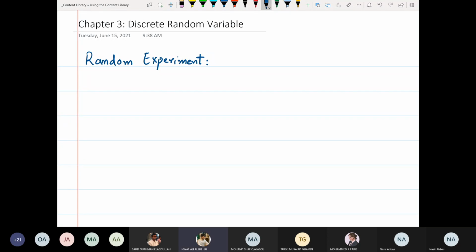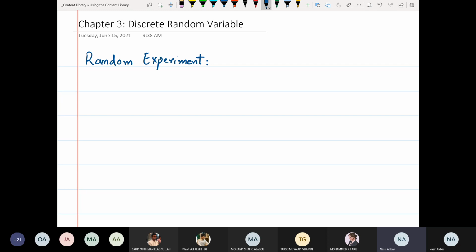It is an experiment with more than one outcome, and you cannot predict the outcomes. So any procedure that gives you outcomes, and in this course you will be mostly interested in outcomes with numbers. A process or an experiment that gives you more than one outcome, and those outcomes are unpredictable. That's the random experiment.